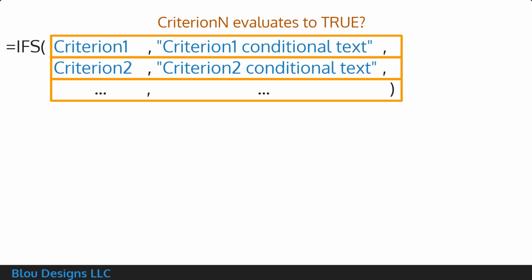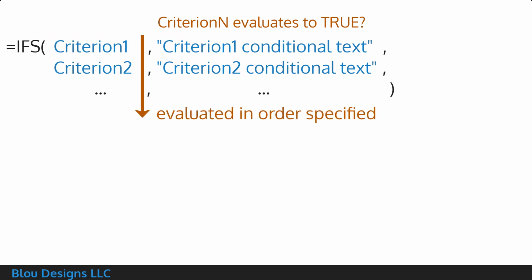More explicitly, an IFS statement with 2 criterion text pairs would read =IFS(your first criterion, "your conditional text to display if your first criterion is met", your second criterion, "your conditional text to display if your second criterion is met").